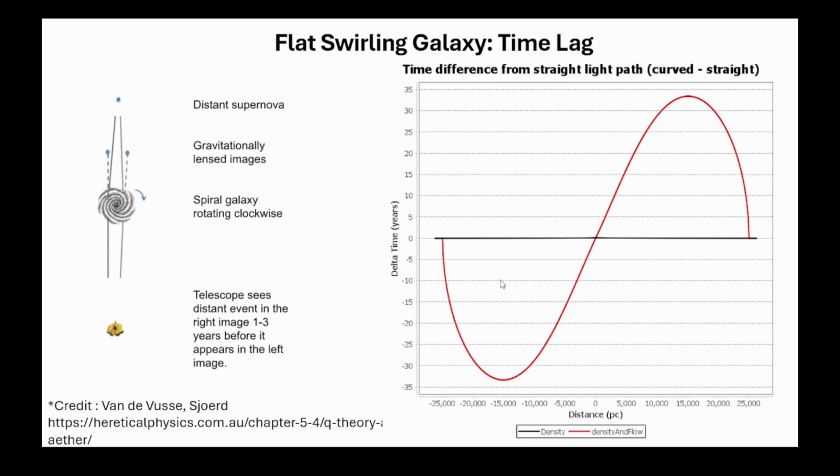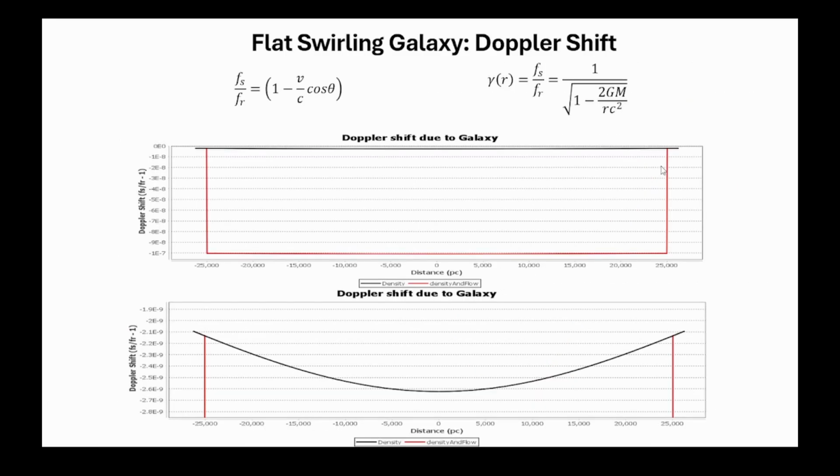Now, what about the energy coming out the other end of the lens? There are two things we're dealing with when we're moving through a swirling galaxy: one is the aberration of light due to the moving medium, and the other is just the redshift due to gravitational effects.